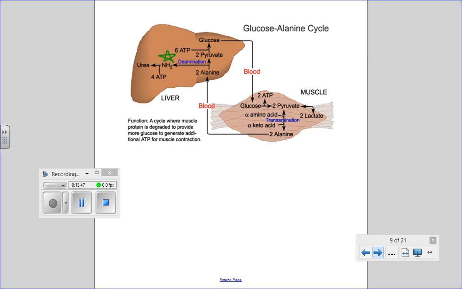Because of deamination, I will eventually get a molecule of glucose, and glucose will go to your muscles and do cellular respiration. Now there's a lot of chemical things that happen in between there, but the basic idea is that because of deamination, I will get a molecule of glucose. There'll be a couple of steps in between. Once I have that glucose, I can go do cell respiration.